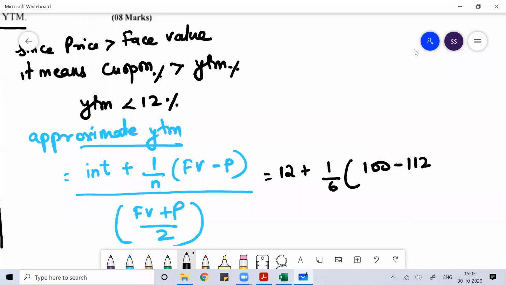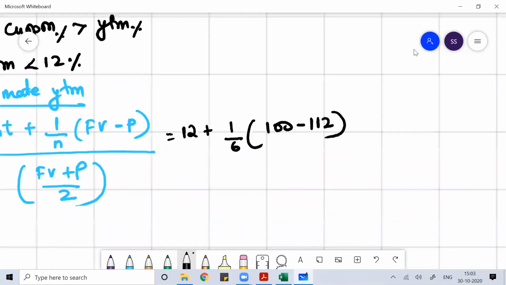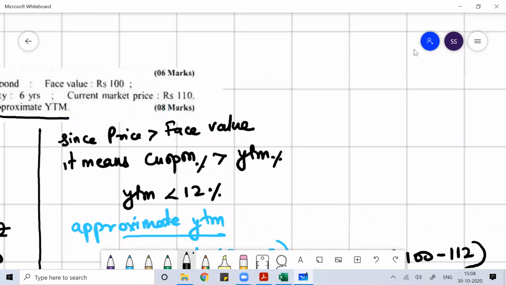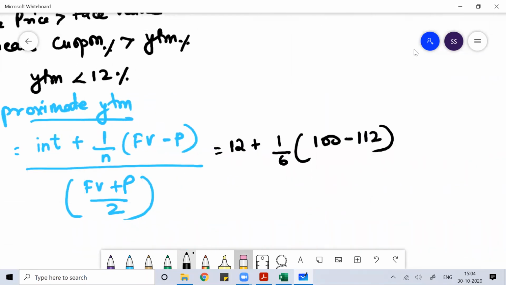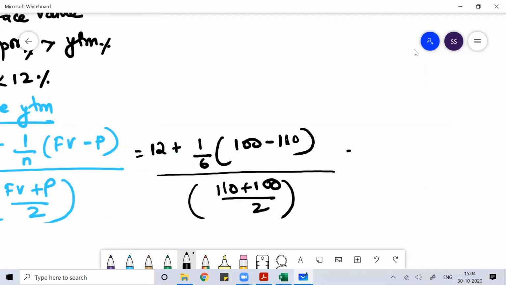Price of the bond is 110. So it is 110 minus 100, divided by 110 plus 100 divided by 2. So this is 12 plus 10 by 6, divided by 105.